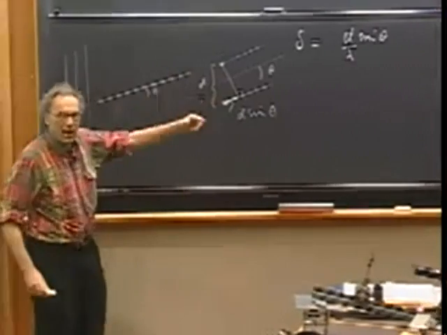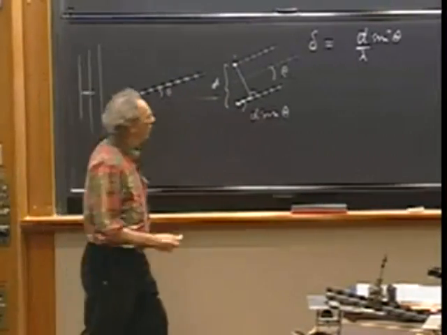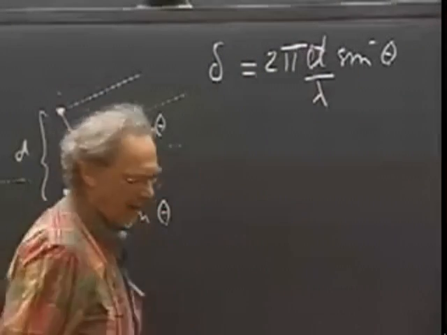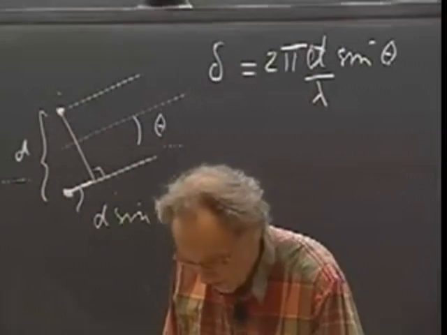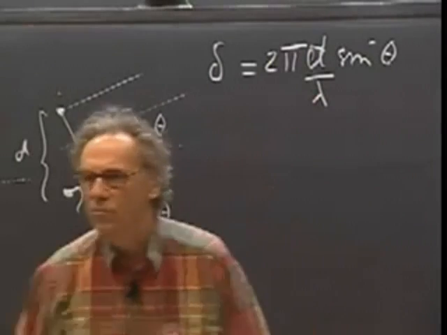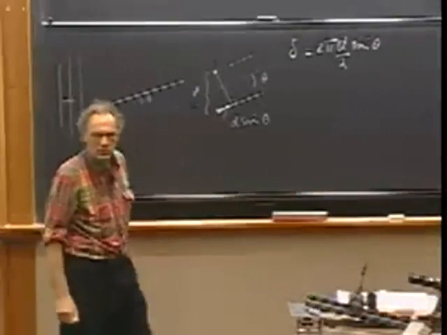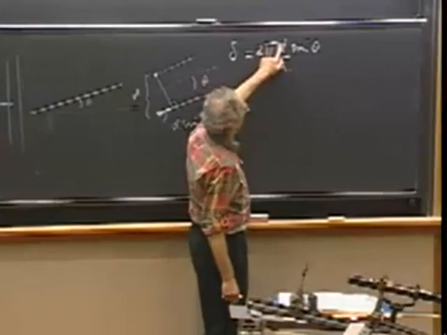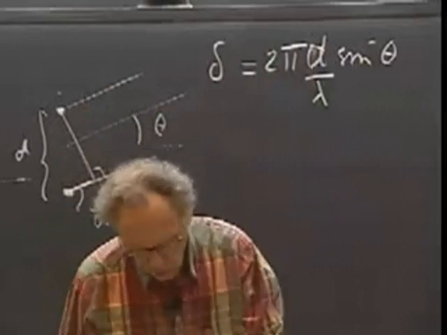For each time that we can fit a wavelength on there, we have a phase difference of 2 pi. So this delta is the phase difference, and we had the same equation last time for double slit interference. If this delta is a multiple of 2 pi, then you will have constructive interference.